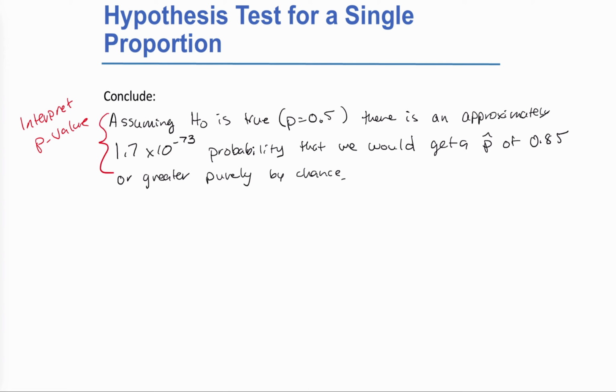So this part is interpreting the p-value. And then the second part is that we make our decision and have the conclusion in context. Because 1.7 times 10 to the negative 73rd is much less than our alpha level of 0.05, we reject the null hypothesis.